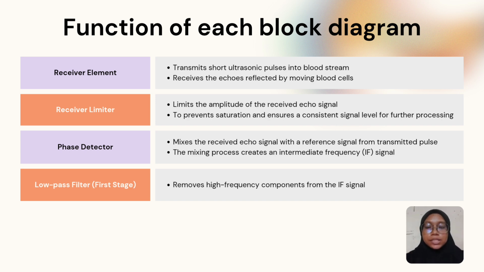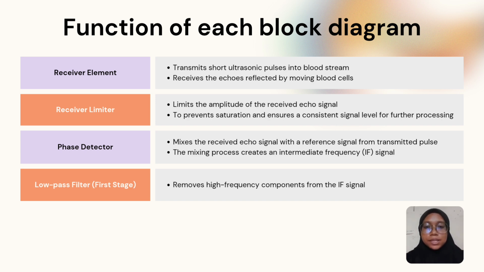The subsequent stages typically involve demodulation, which is recovering the Doppler shift information from the phase variation of the filtered signal. Second, gating, which is selecting echoes from a specific depth within the vessel using a gating window. This allows focusing on blood flow at a particular location and eliminates unwanted signals from other tissues.